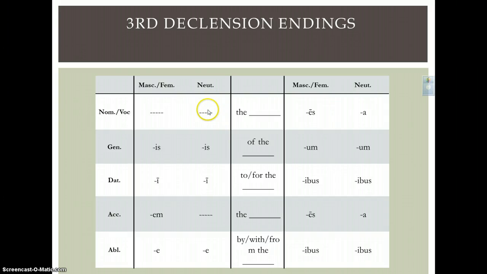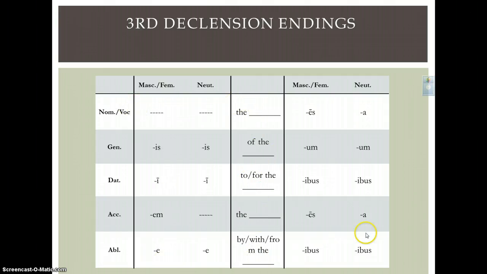Neuter is going to be slightly different, first and foremost because there's going to be a blank in the accusative because of my favorite and yours, the neuter law, that says that an accusative and nominative ending will be the same for all neuter nouns. So, neuter third declension: blank, is, i, blank, e, a, um, ibus, a, ibus.